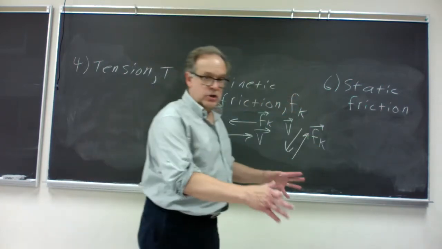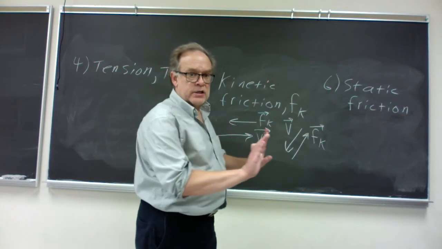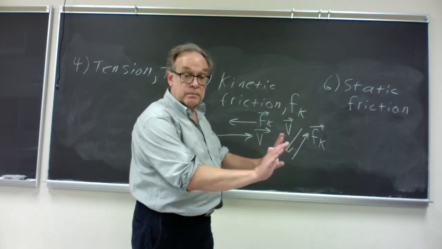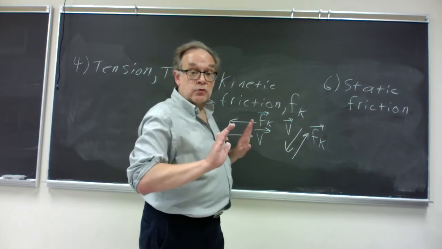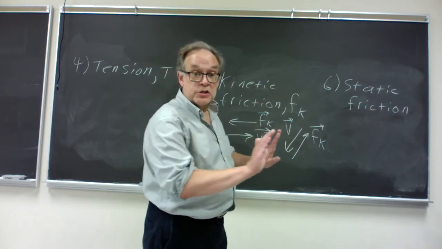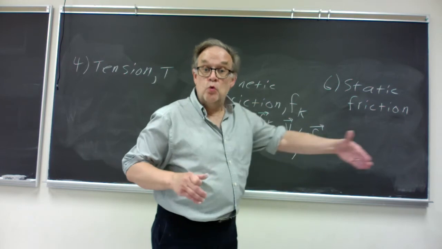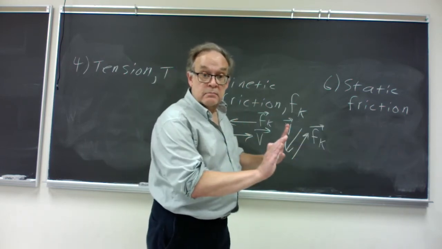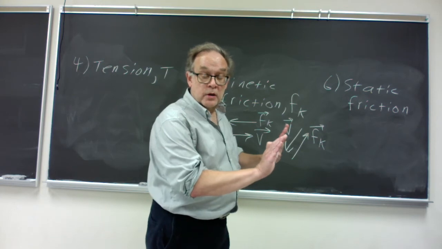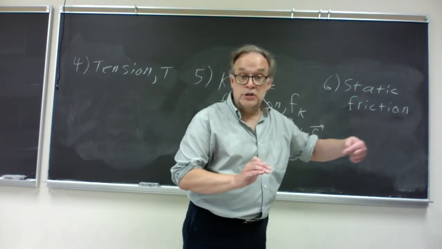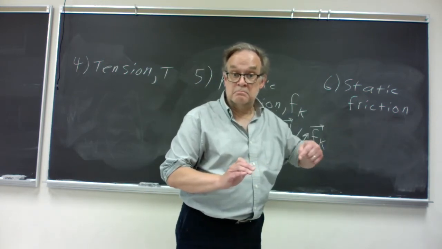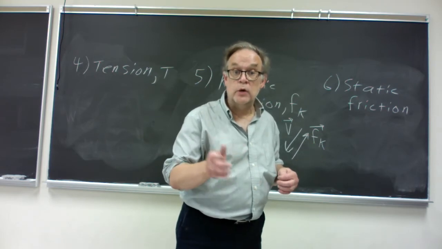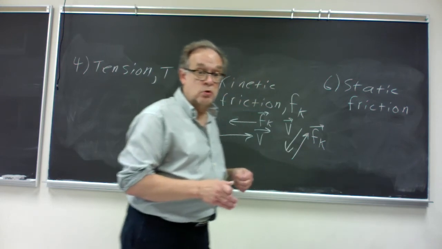Imagine you've got a heavy crate, you're trying to push it forward, but it's not moving. Well, if your push were the only force, then the crate would move forward. But your push isn't making the crate move forward because there's some other push in the other direction that's canceling out your push and undoing any effects from your push.